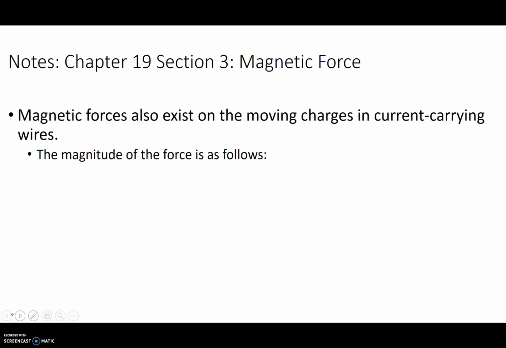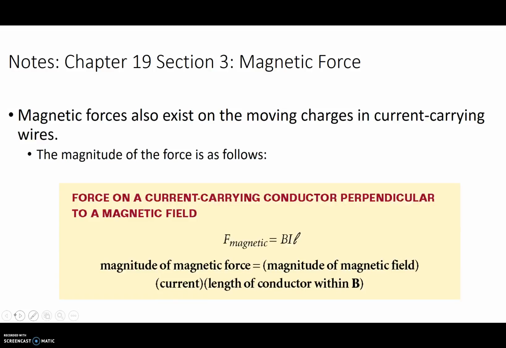And so, with these magnetic forces, we just talked about how they exist on single particles. They also exist on current-carrying wires. Now, it's a slightly different equation, so our magnetic force is equal to the magnetic field multiplied by the current. So remember, B still stands for the magnetic field.